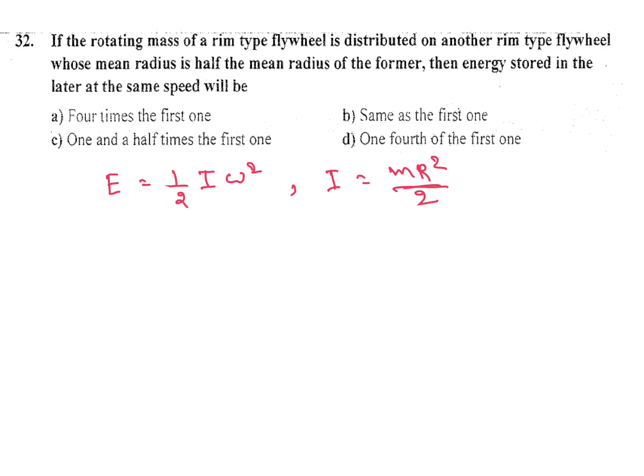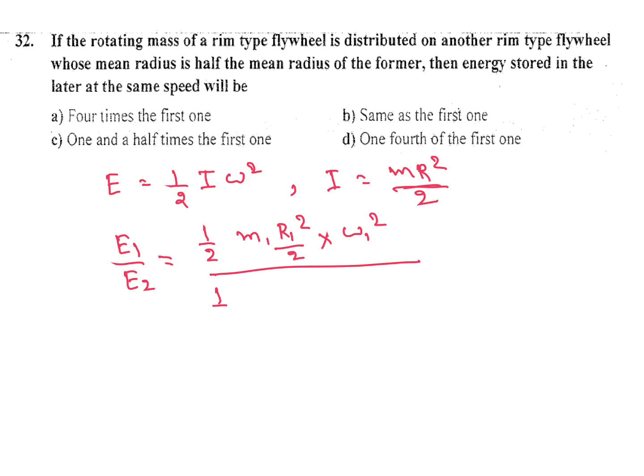So E1 by E2 we have to calculate. Half I, I will write m1 r1 square by 2 into omega 1 square, divided by half m2 r2 square by 2 into omega 2 square. Half cancels, mass is also the same so cancels, omega angular velocity is also the same speed as given, 2 cancels.